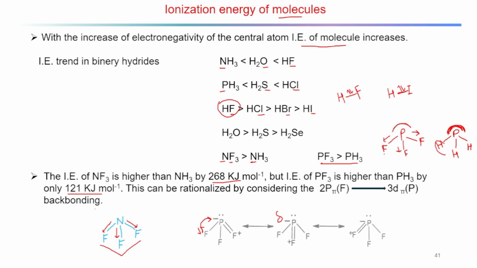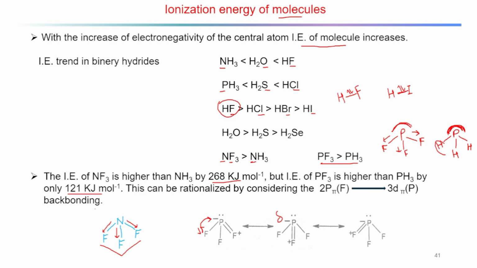But it cannot completely reduce this electron density, because fluorine is doing p pi d pi back bonding also. That's why it is also giving it back. Some electron density will come back. So comparatively, we have lesser electron density on this phosphorus. As the electron density is lesser, this phosphorus will hold these electrons tightly. That's why you have to give some ionization energy to take out those electrons.